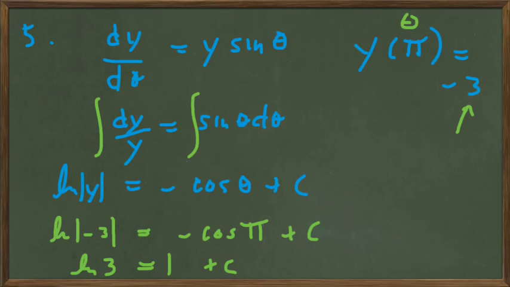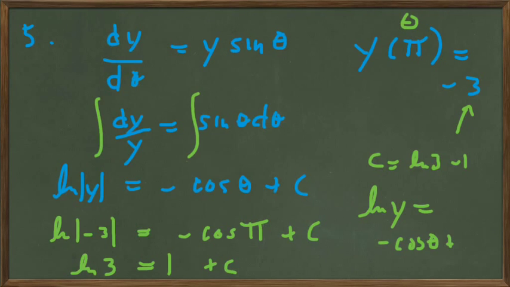plus c. So c equals ln of 3 minus 1, and so our solution to the differential equation in implicit form is ln y equals minus cosine of theta plus ln 3 minus 1, and we can combine our logarithms together to get this.